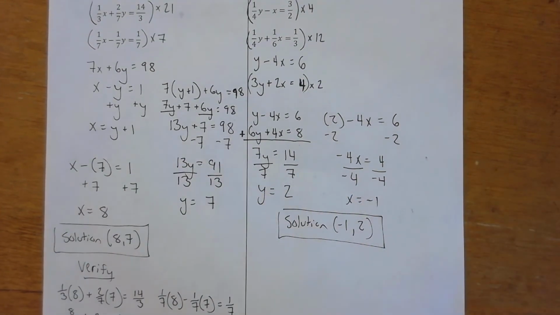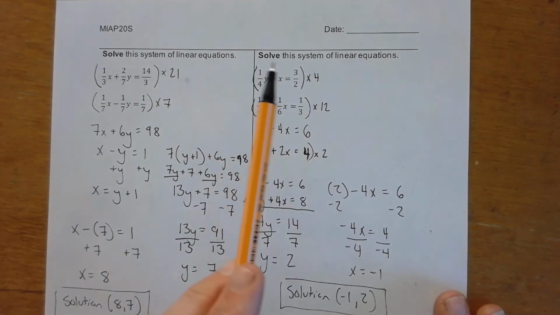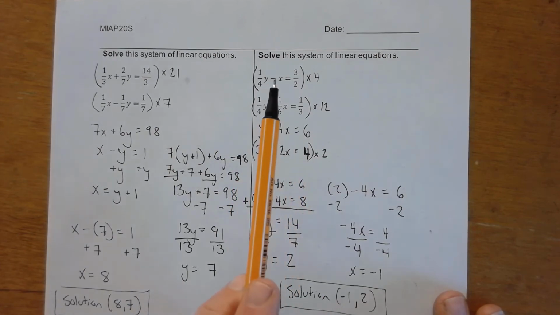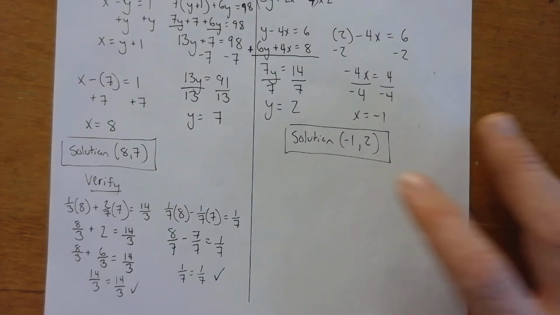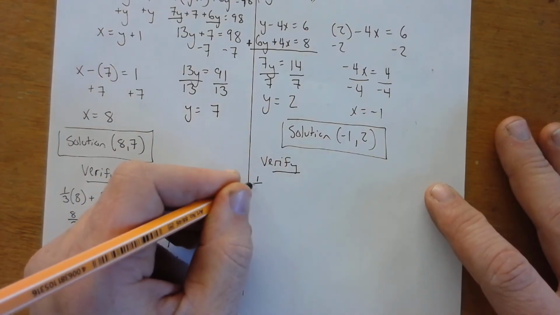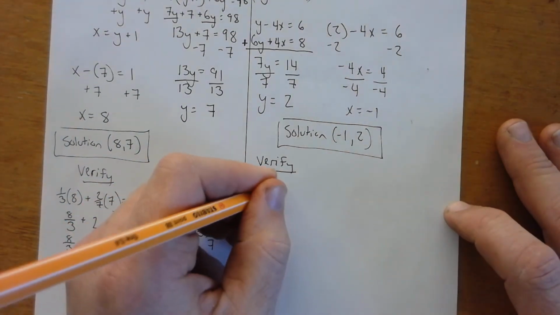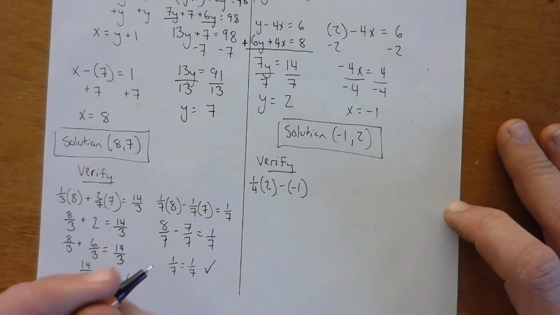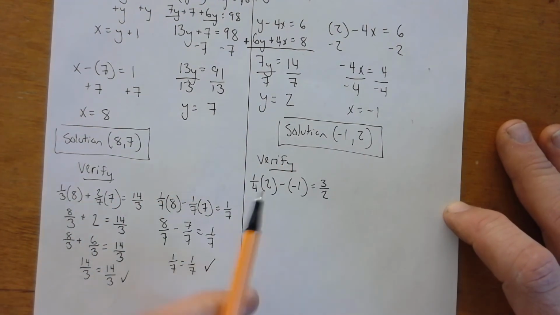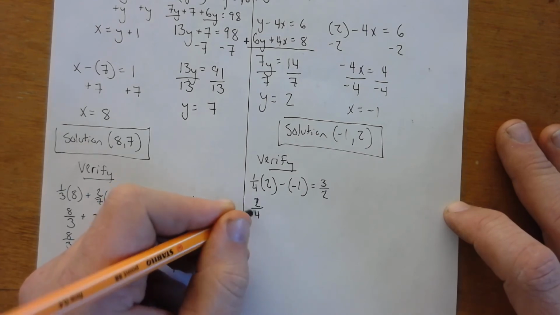And just like I did in the previous problem, I want to make sure I'm using the original equations when I verify. I don't want to use the equations that I've created. So when I verify, I'm going to use 1/4 y. So 1/4 times 2, subtract x, which is negative 1, is going to equal 3/2. 1/4 times 2 is the same as 2/4, or 1/2.